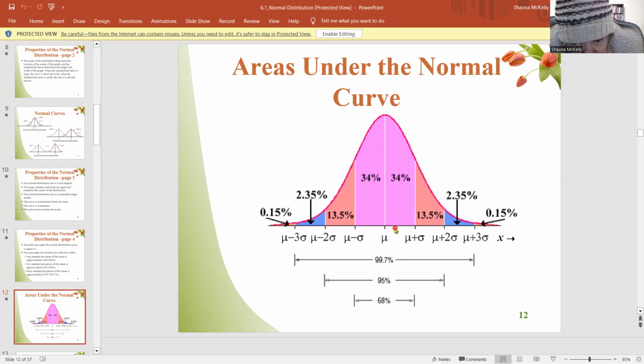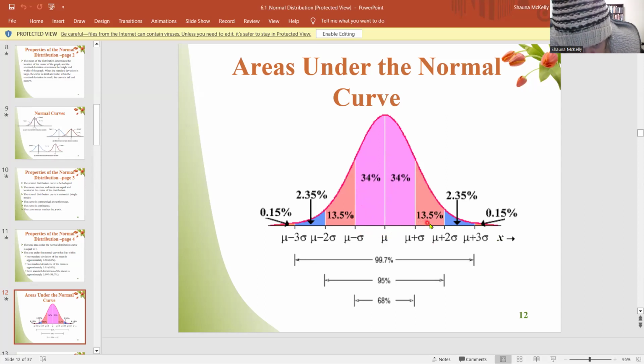But 34% here on the right lies within 1 standard deviation above the mean. 34% lies within 1 standard deviation below the mean. Okay.